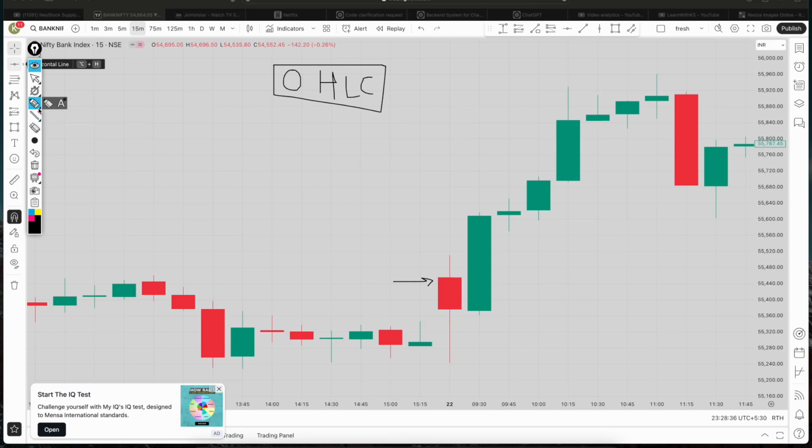So let's continue. This candle opened somewhere here, and then it tried to go up, seeing the opening pressure, but it was unable to do it, so it created its high somewhere here. Then suddenly it fell below expectations, reached this level and marked its low. From there buying pressure started again, and it closed somewhere here.